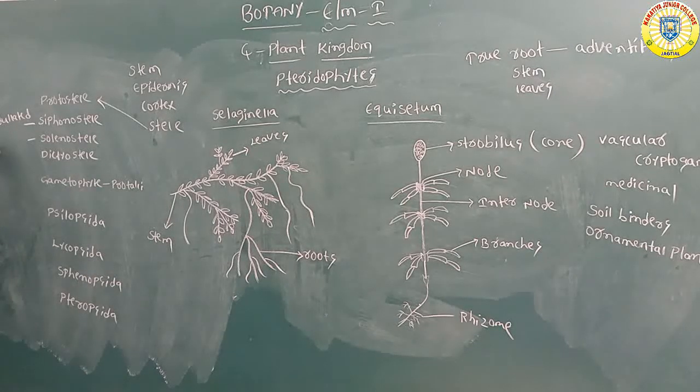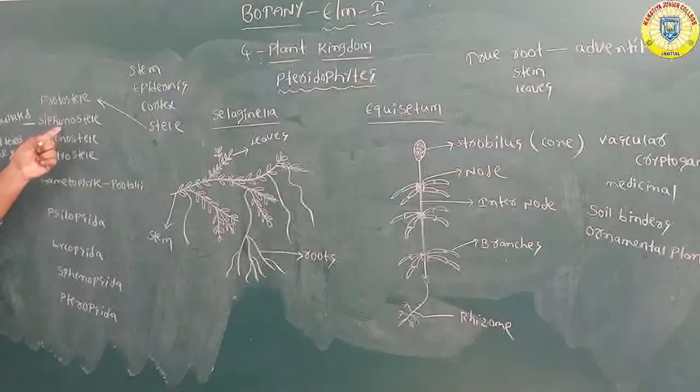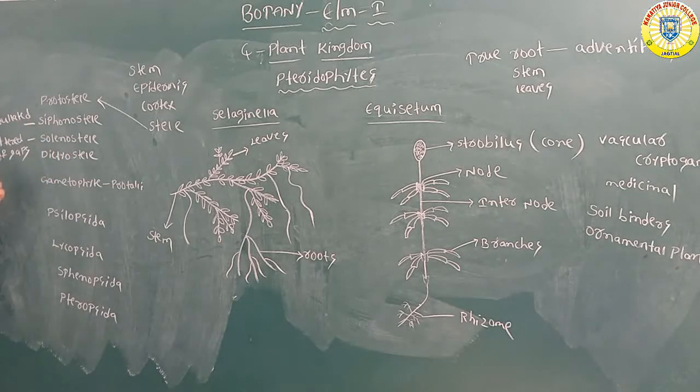Next, dictyostele is like a siphonostele, but here you can see overlapping leaf gaps.